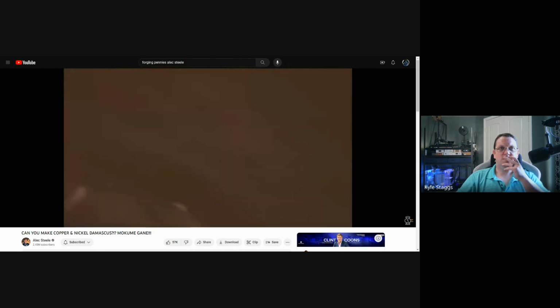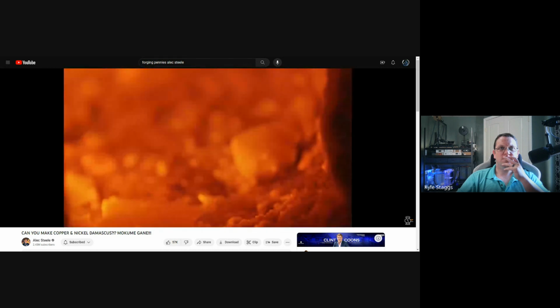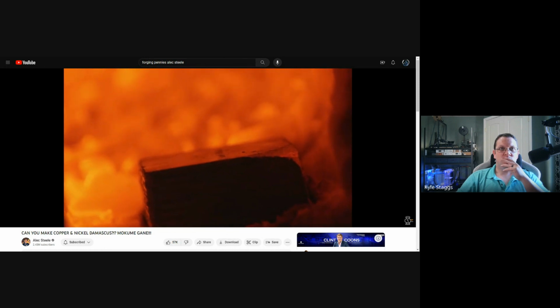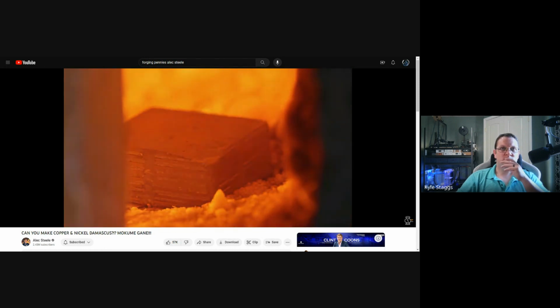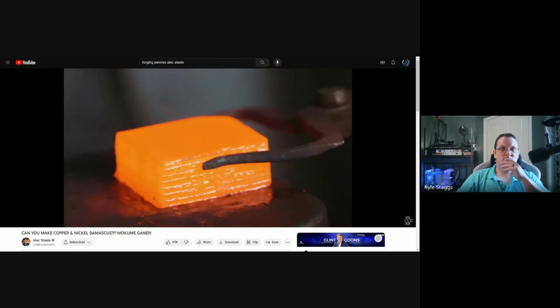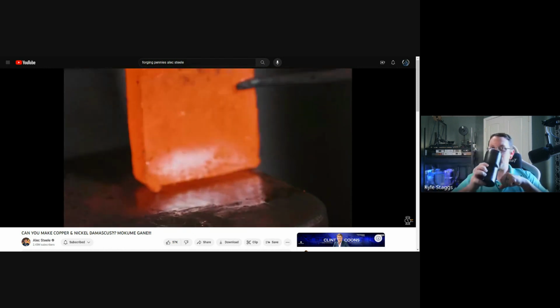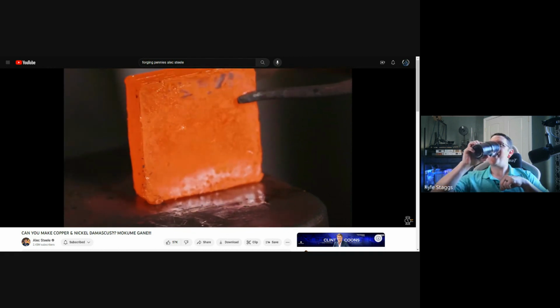So I'm going to rasp off this corner, and we'll go straight back in the forge. But I'm not even concerned about the tube this time. It seemed like it was hot enough to not have to worry. Okay, I think we're about ready. Moment of truth. What happens if we turn it sideways?